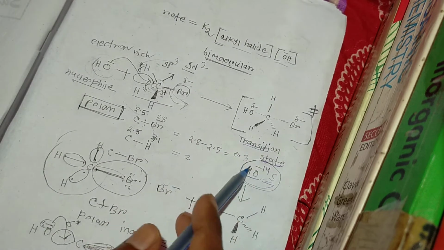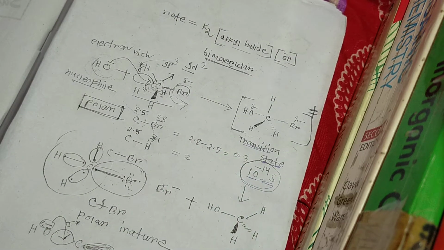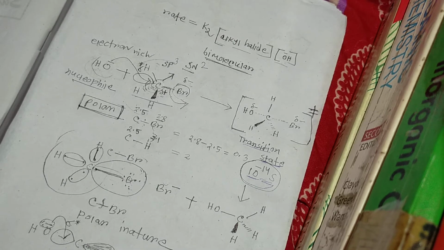Later I will discuss the transition state and intermediate state. Actually, both are different states. The intermediate state can be experimentally verified, and it is widely discussed and analyzed by scientists, it has many stability factors, and experimentally it is verified.